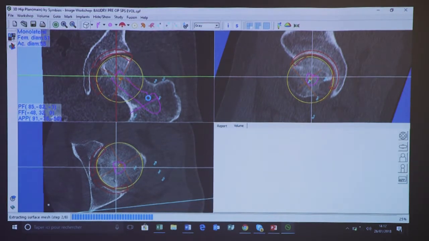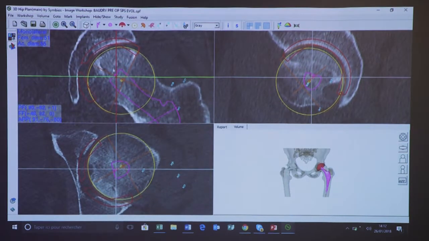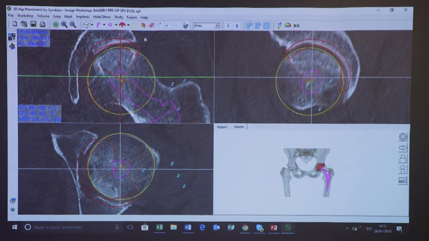So you can see here, the first step is to determine what would be the goals. So the goals, basically, we use what we call the acetabular sphere here. And the acetabular sphere, we just have to position it within the acetabulum.